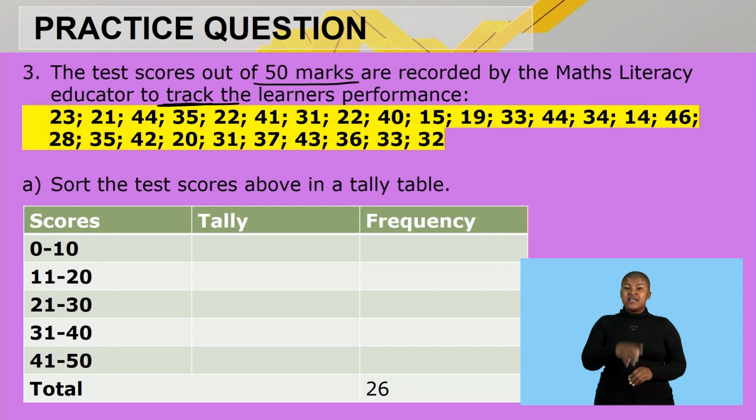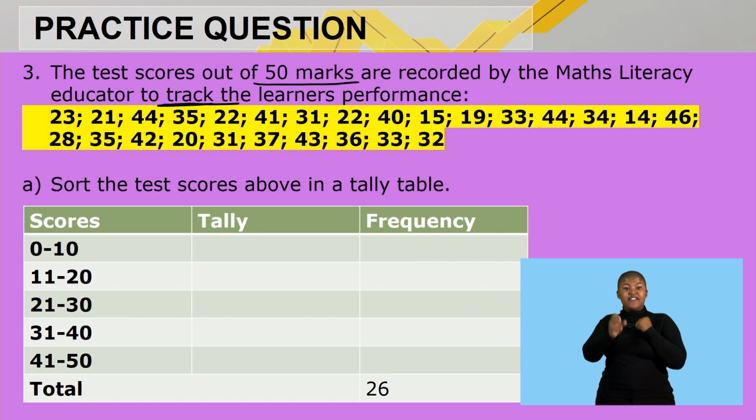Now let us record it. The question says, sort the test scores above in a tally table. We are given the scores as intervals from 0 to 10, 11 to 20, up to 41 to 50.